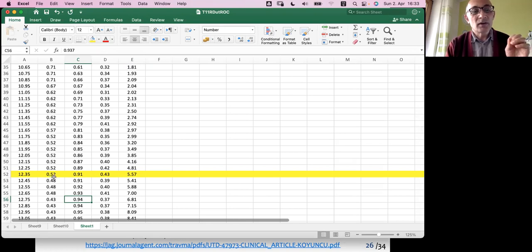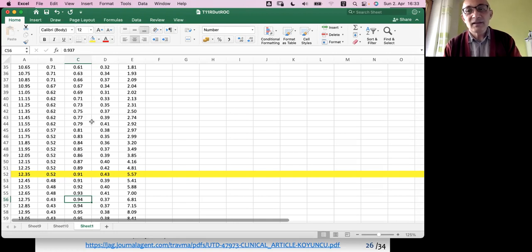We don't want to have very low sensitivity as well, because our primary goal is to diagnose people, isn't it? So we want to have a high sensitivity together with the highest possible specificity. And in this case, a cutoff point of 12 would probably be appropriate.